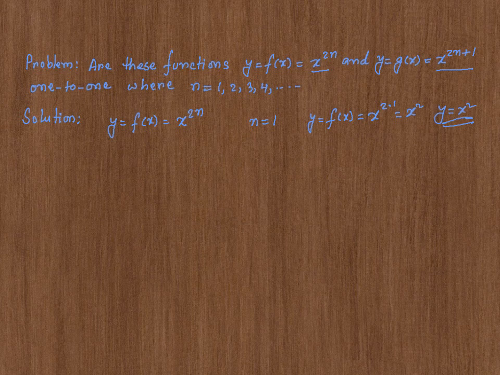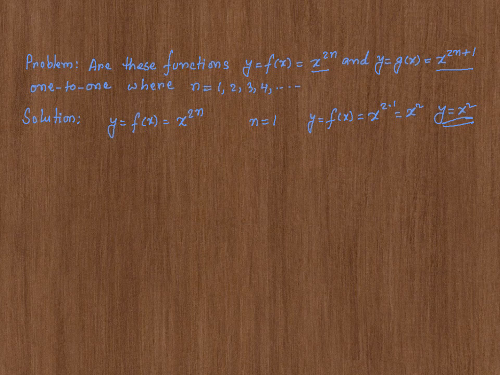Why? Remember, the definition of one-to-oneness is this. If you have two distinct values in the domain, that should give you two different values in the range. That means for two different x values, you should get two different y values. That's the definition of one-to-oneness.